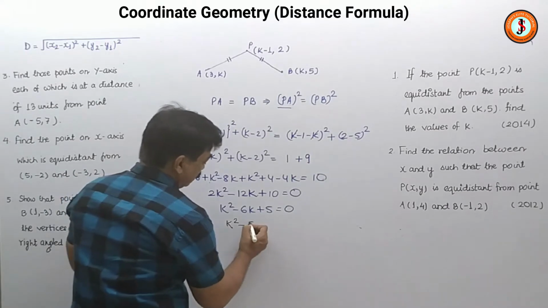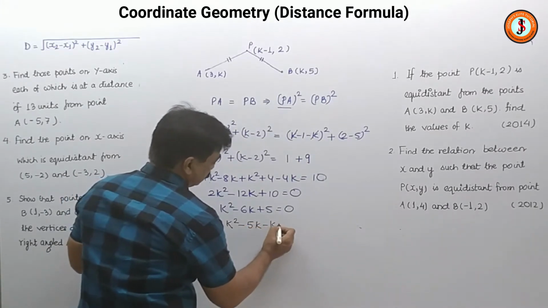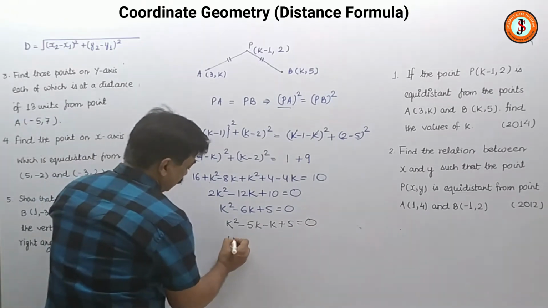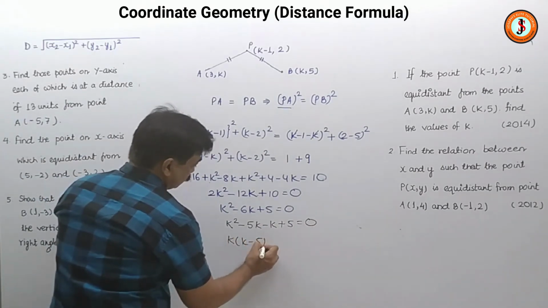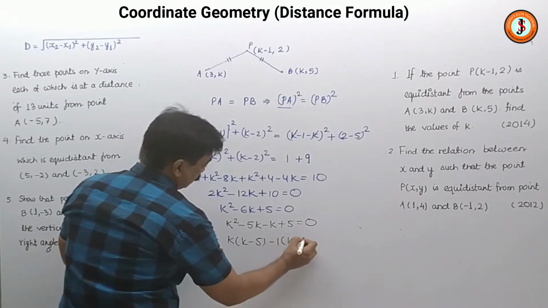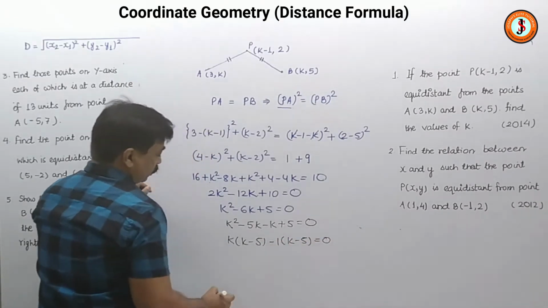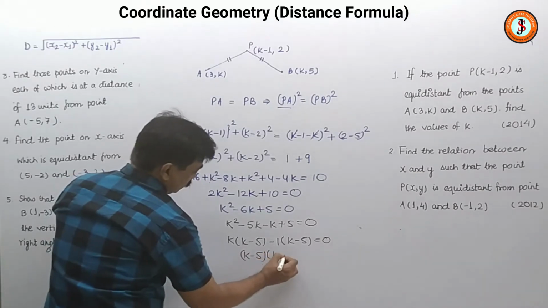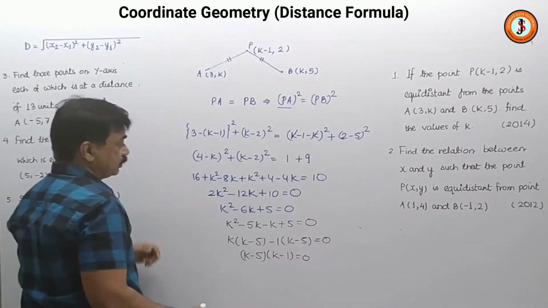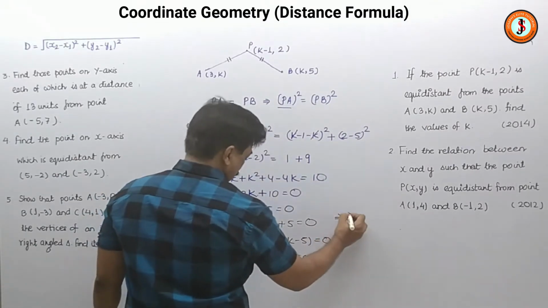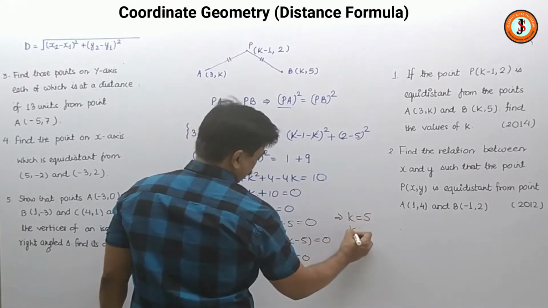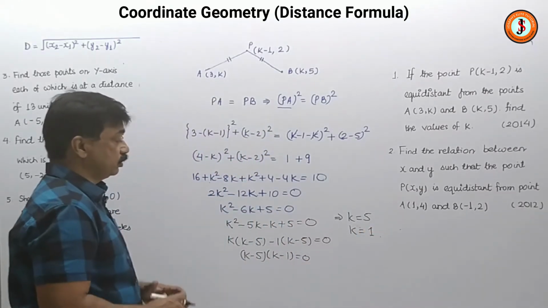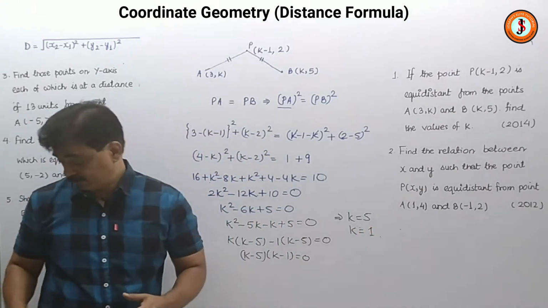So k square minus 5k minus k plus 5 is equal to 0. So this will be k(k minus 5) minus 1(k minus 5) is equal to 0. So I get k minus 5 or k minus 1 is equal to 0. So the possible values of k are k is equal to 5 or k is equal to 1. So these are the possible solutions of k.